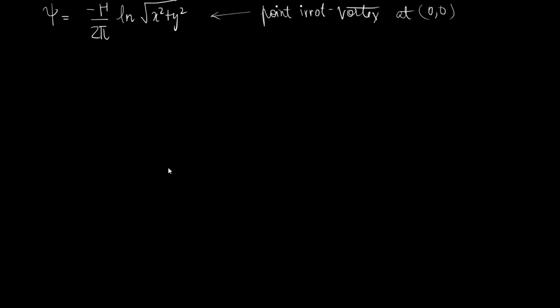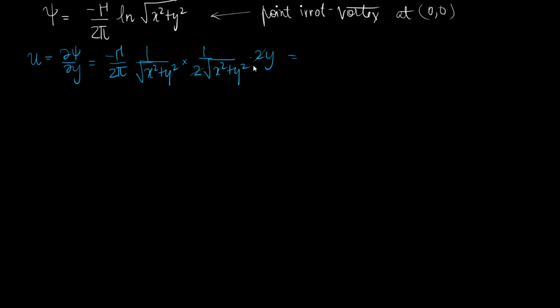So let us see what the corresponding velocity potential will be. If this is the stream function, the velocity u will be del psi del y. So let us differentiate this. It will be minus gamma upon 2 pi, so log of this, so derivative will be this, then the derivative of this, basically it's just chain rule, times 2y.